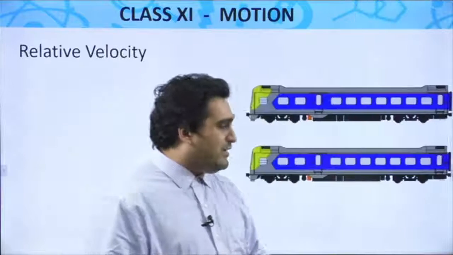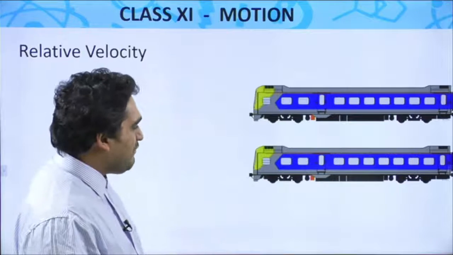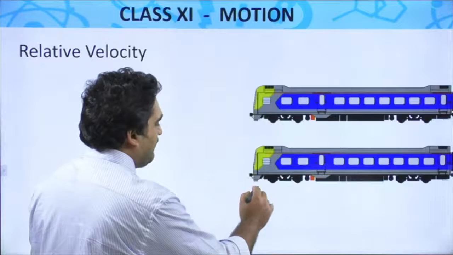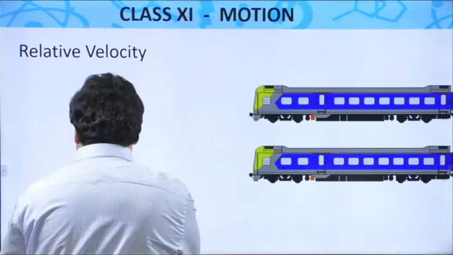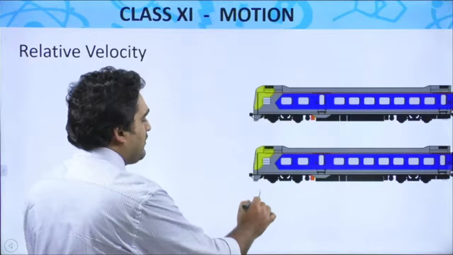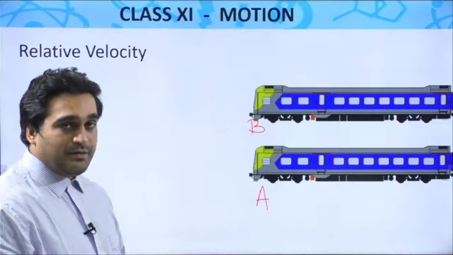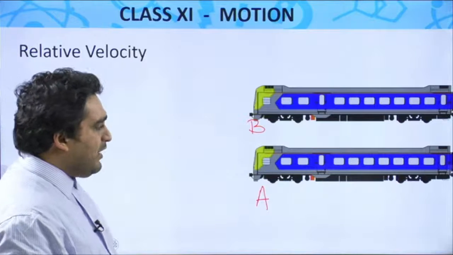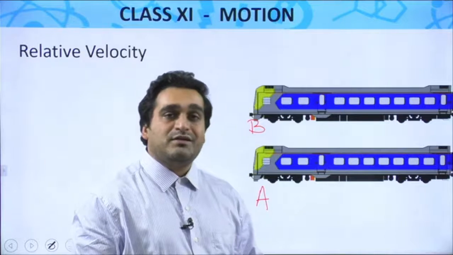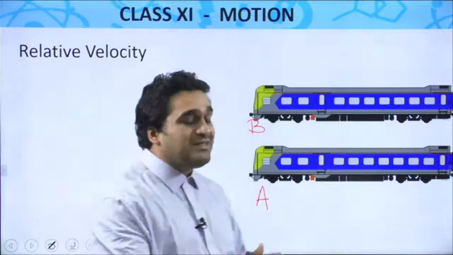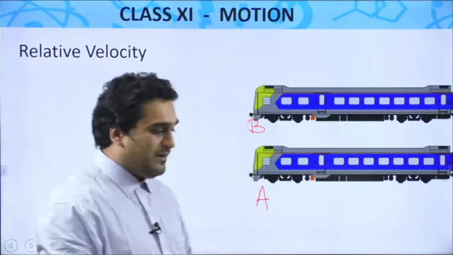So let's get started with this example of a train. Two trains, call it train A and train B. Now train A and train B are going to displace, and when they displace, they move with a certain velocity.